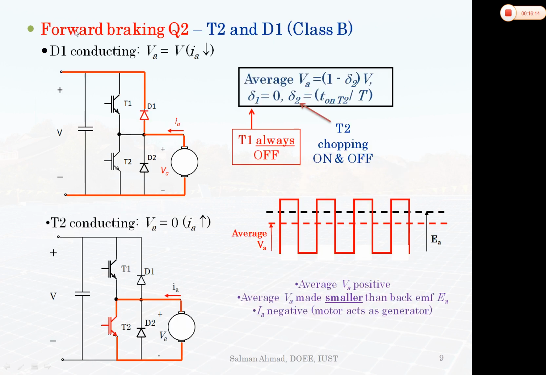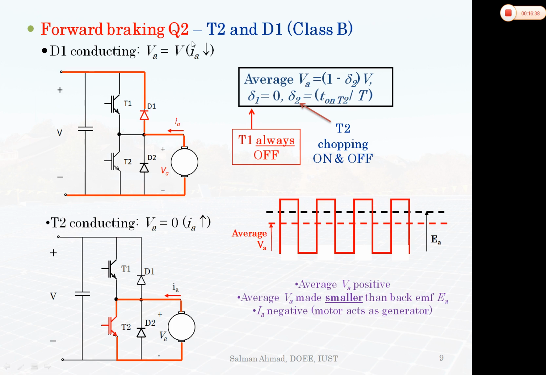Now coming to forward braking mode, that is Q2 operation. Here T2 and D1 are operated. Once D1 is conducting, the energy stored in the inductor and the energy in the form of speed, that is the back EMF, will be supplied to the source.